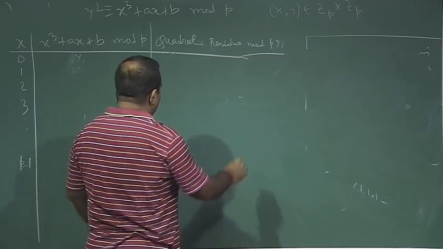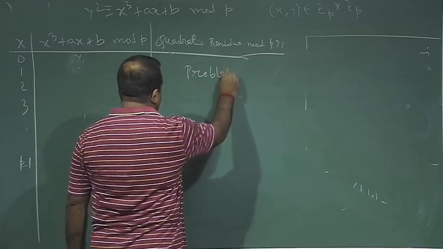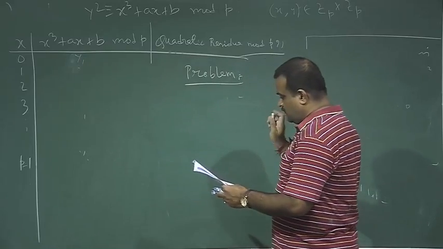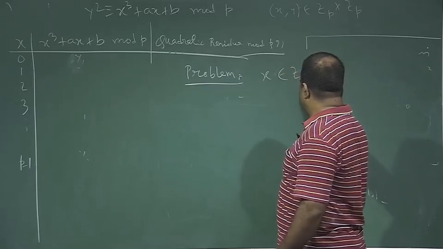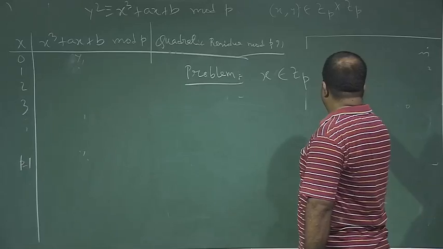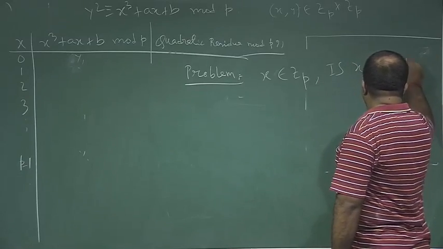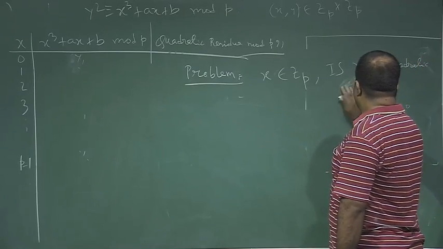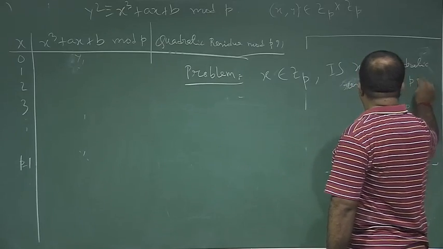The problem is, given an integer x from Z_p, we need to check whether it is a quadratic residue mod p or not.